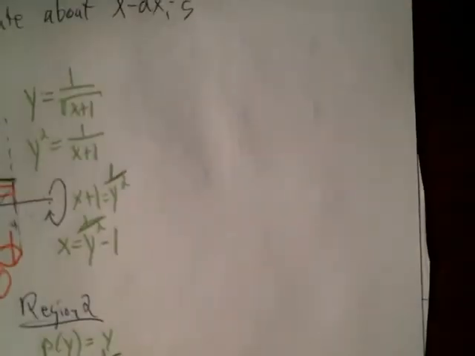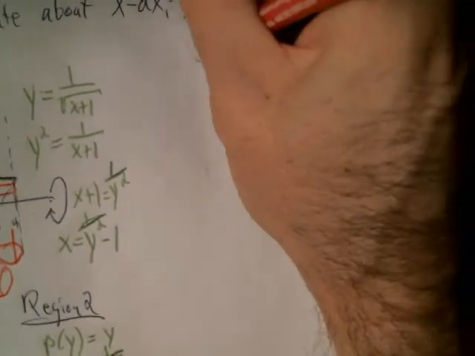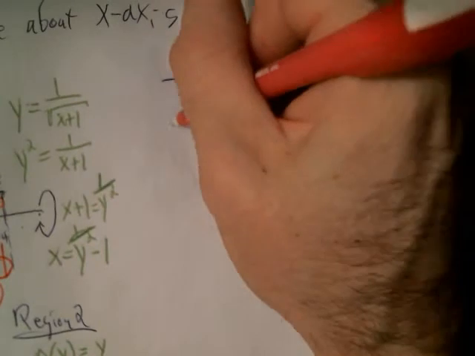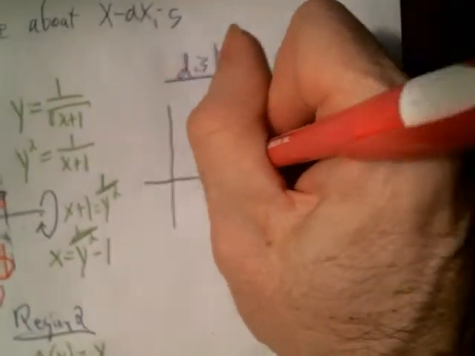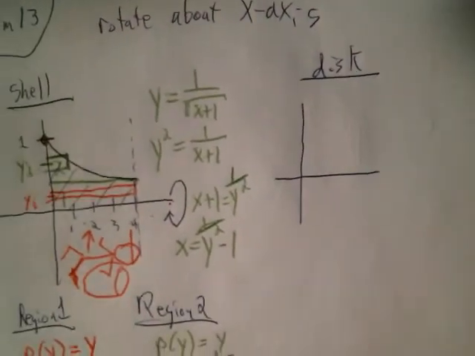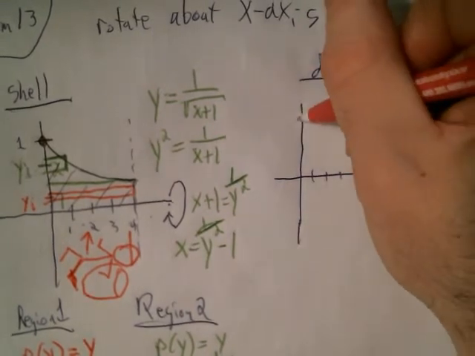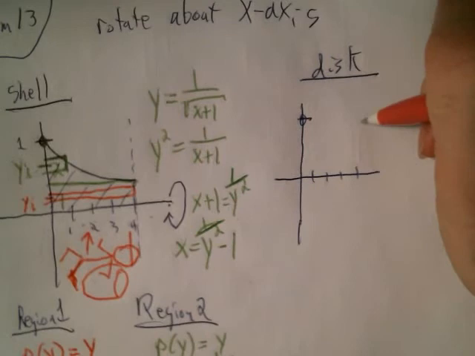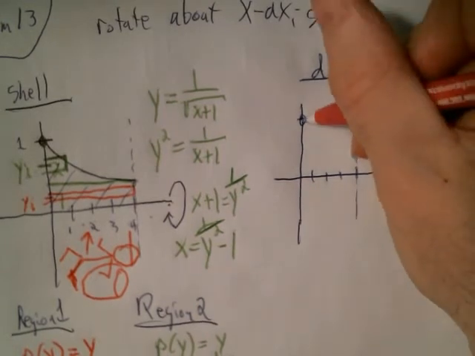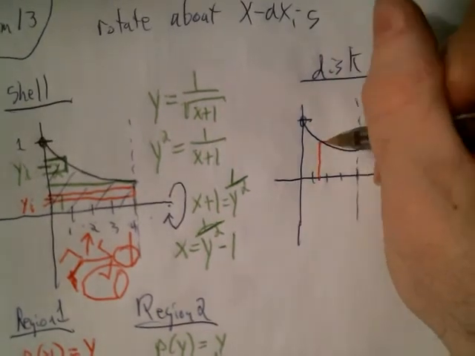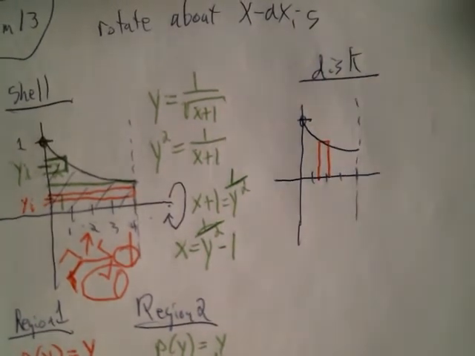Let's look at the disk method. And you'll see this disk method is the way you want to go. So again, let's set up our region. Same region. Right. So something like this. But if you use disks, there's none of this region 1, region 2 business going on.